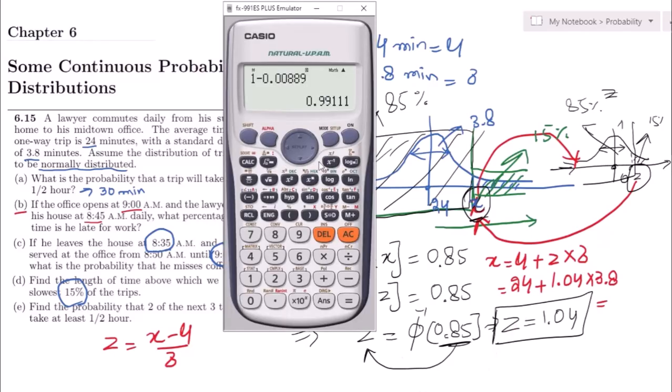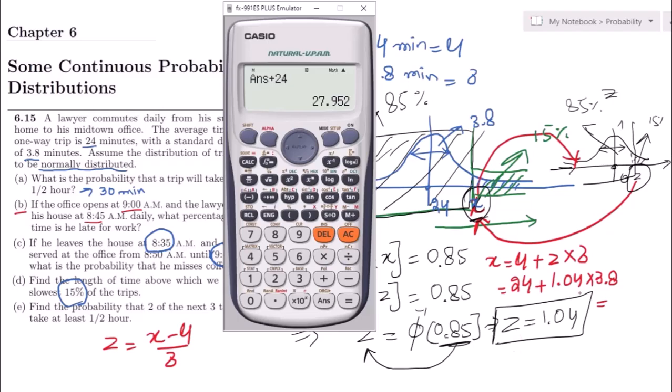So 1.04 multiplied by 3.8 is 3.95, plus 24. So this is 27.95.